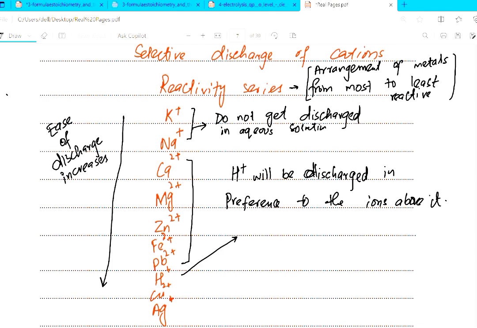Okay, so hydrogen will be discharged first, and when we have copper and silver, they are even lower than hydrogen, so in an aqueous solution of copper and silver, copper and silver will be preferred instead of hydrogen because they are lower. It's easy for copper and silver to be discharged as compared to hydrogen. Okay, so ions of the metals below hydrogen will be discharged.